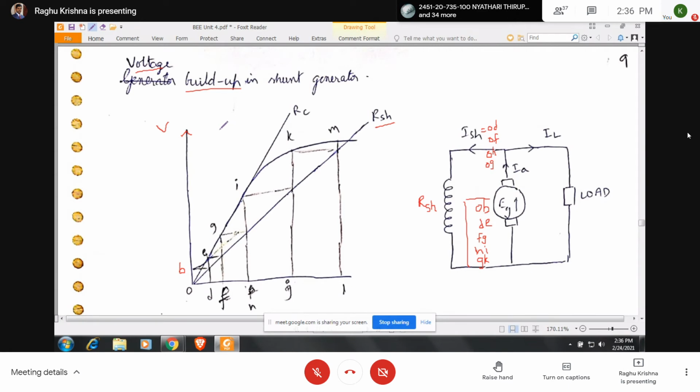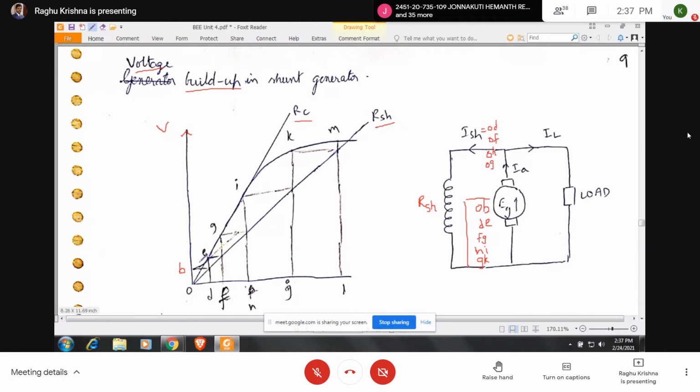Now here you have to know about 2 points. First, RSH is the resistance of the shunt field winding. Next, from origin, if you draw a line touching the linear portion, the slope of this line gives the critical field resistance RC.